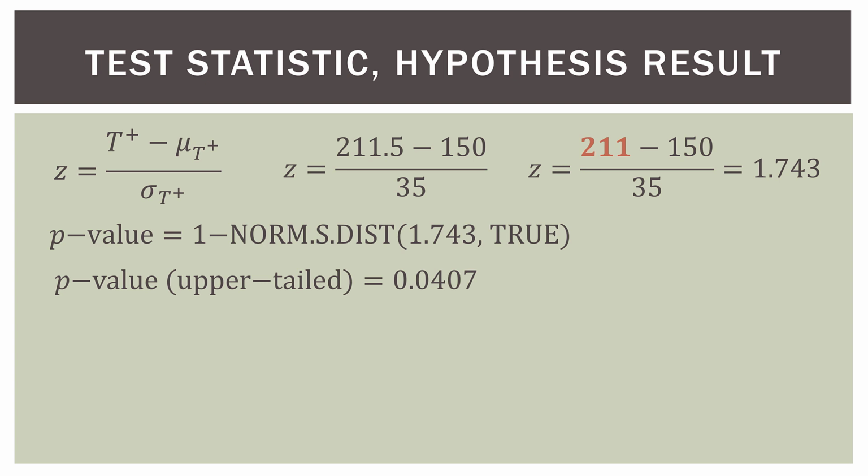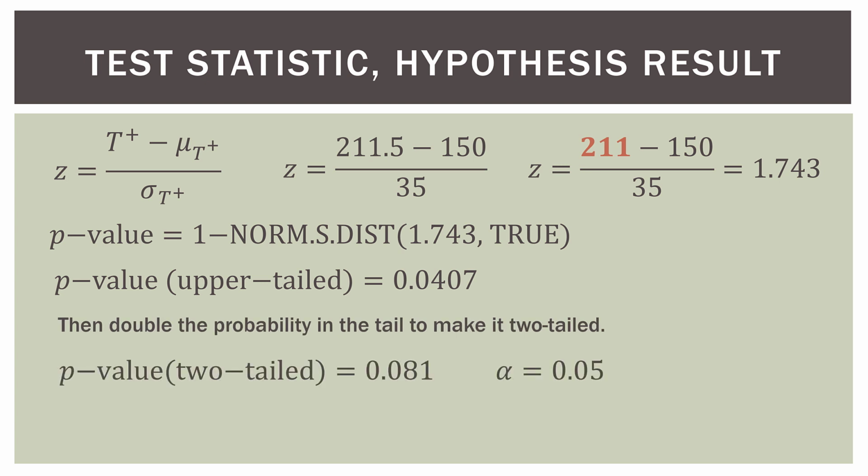I'll have some graphics here in a second to show you if you're confused. So in Excel, 1 minus NORM.S.DIST, then the first parameter is our z value, 1.743, TRUE, which means cumulative. The p-value, when we do that, is 0.0407. That's in the upper tail beyond 1.743.